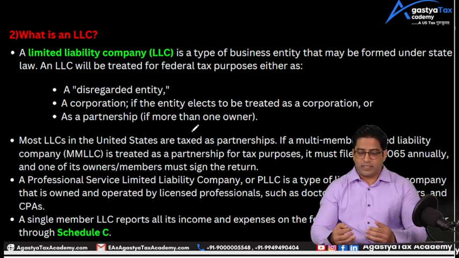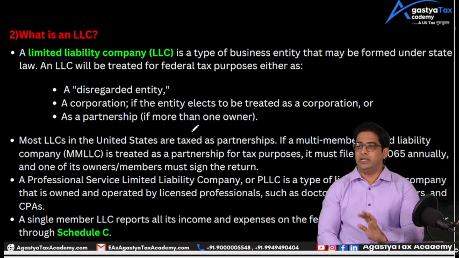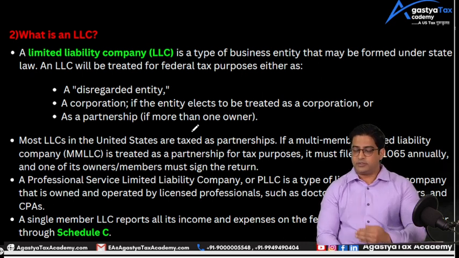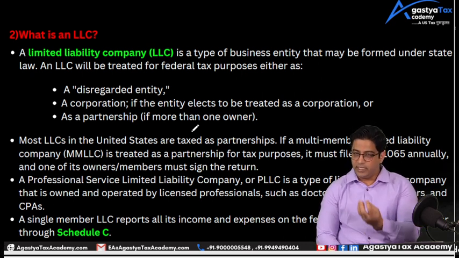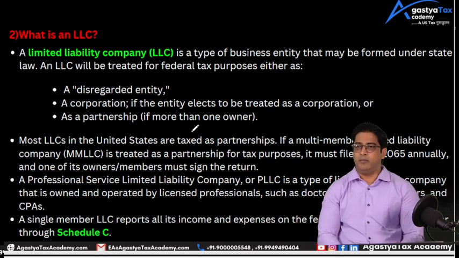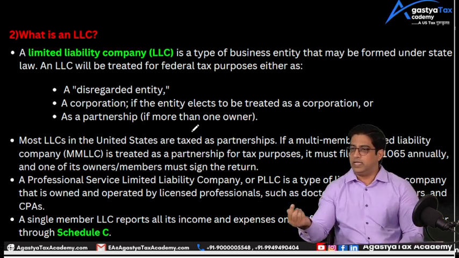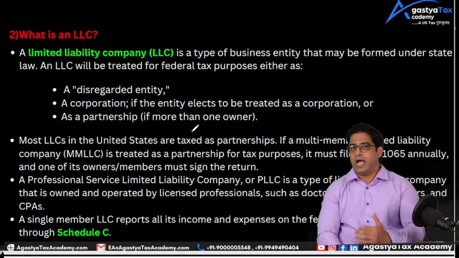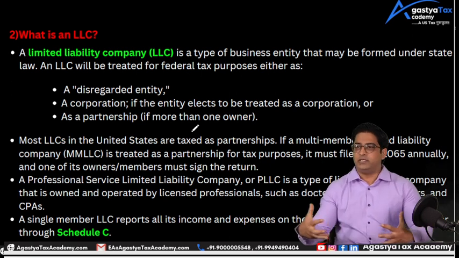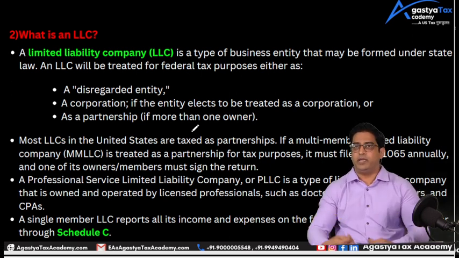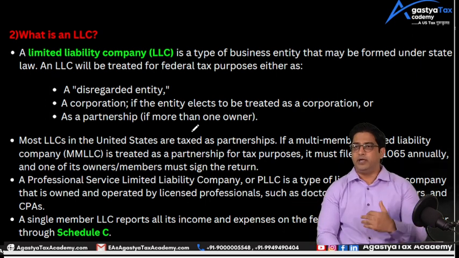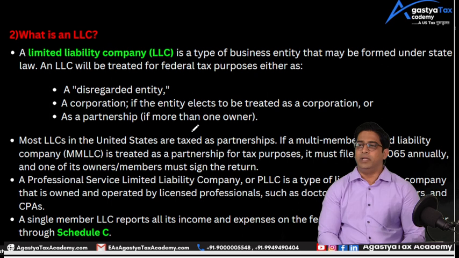See, you have started in the year 2023 as an LLC. You started in a very slow, very humble background, as a single member. After 5 years, a lot of your friends and investors came in, and your company has grown many-fold. It went to 100 employees, 200 employees, and you're making millions of dollars.